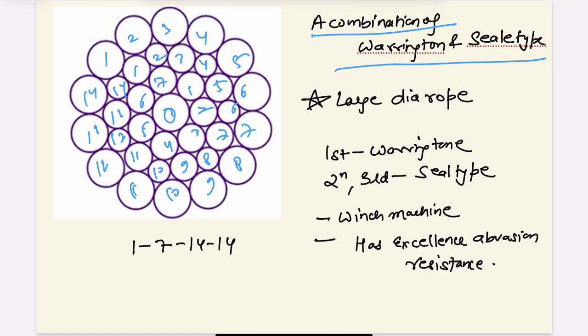Okay, now you can judge here: inner center 1, then middle circle 7 wire ropes, then it has 14 and it has 14.